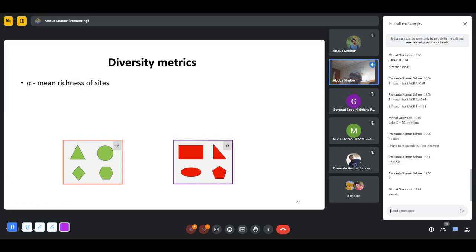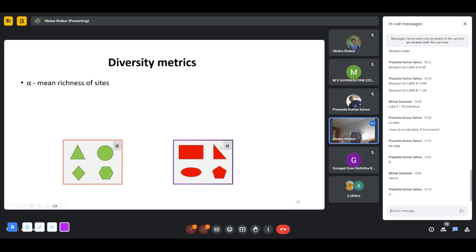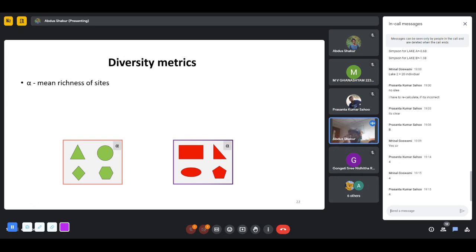Can you please write down the answers in the chat box? What do you think is the alpha diversity of site 1 versus site 2? 4. Okay. What about the other site? 4.